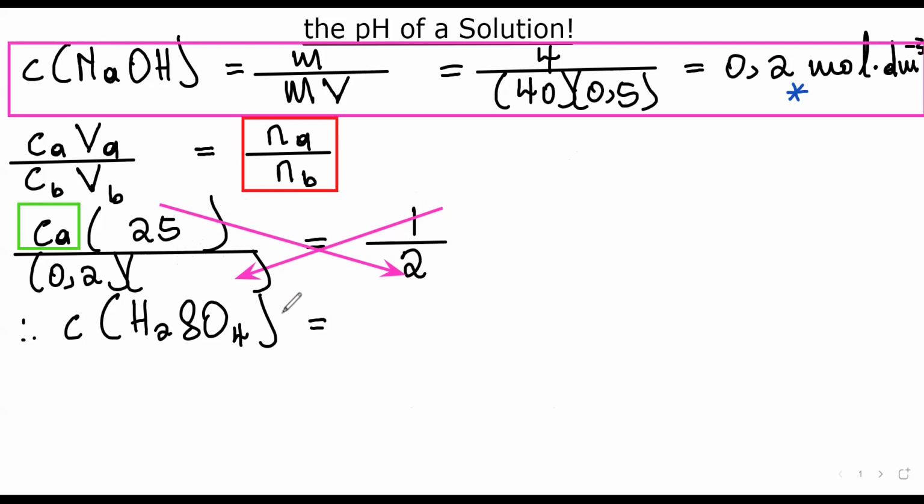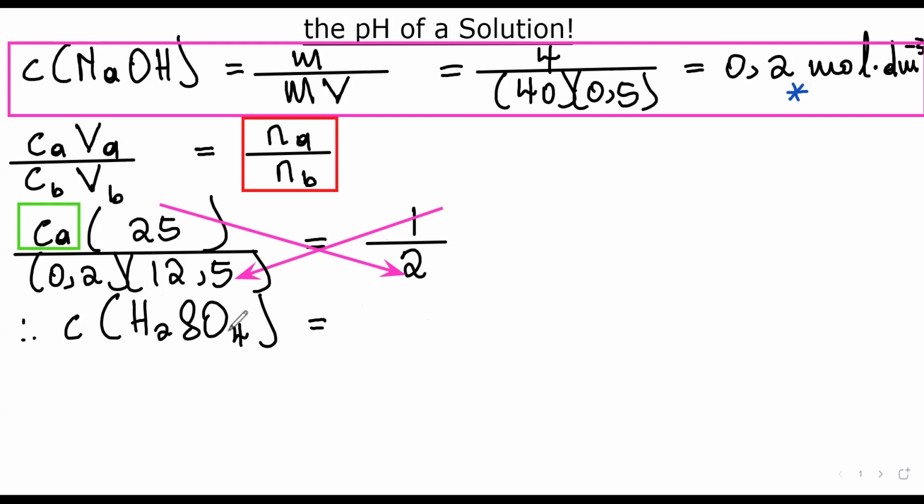Yes, this one is 12.5. So I'm supposed to have 2 times 25 in my denominator. And in my numerator, I'm supposed to have 0.2 times 12.5.